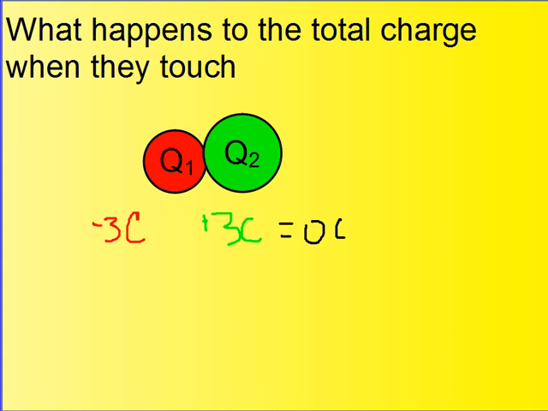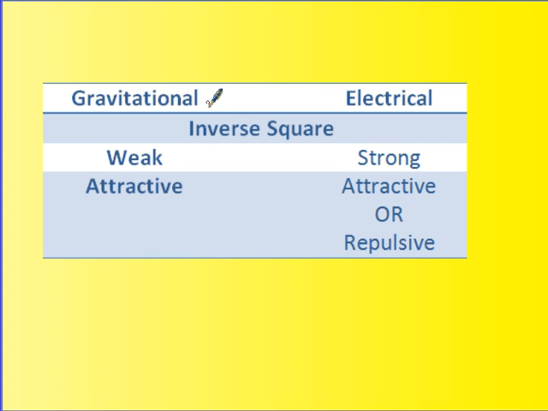All right. Now, let's compare gravitational force and electrical force. They're both inverse square. So that means it's a 1 over r squared relationship. So the further you get away, the more the force decreases quickly. Gravitational force is a very weak force, while electrical force is a very strong force.